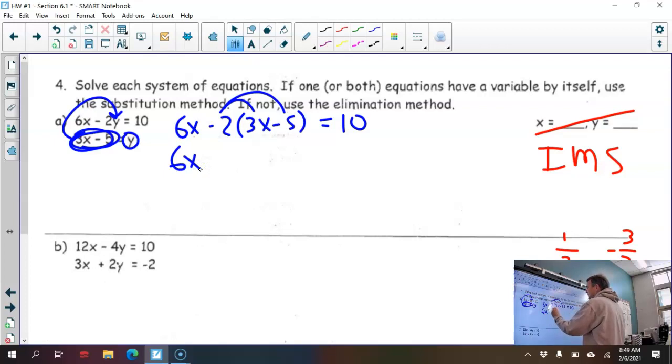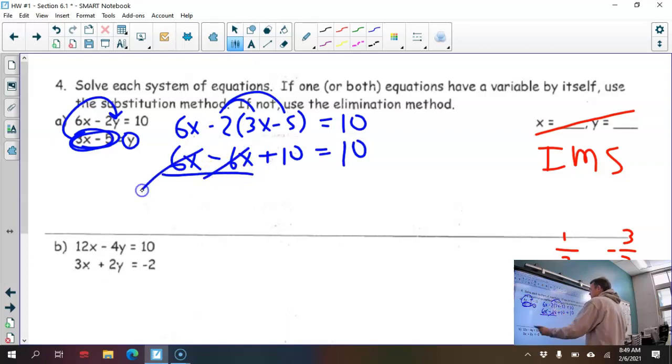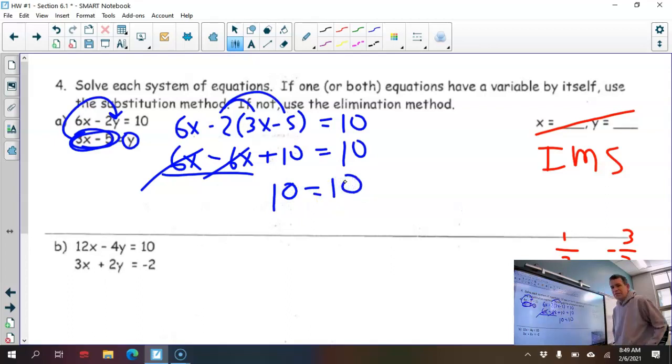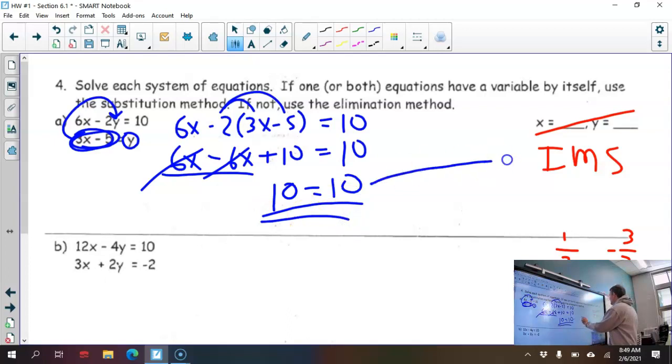Remember, that's a -2, so you get -6x, but -2 times -5 is positive 10. And then I would combine my like terms and the variables cancel out of the problem. And if the variables cancel out of the problem and you are left with 2 numbers that equal each other, that tells you there's infinitely many solutions.